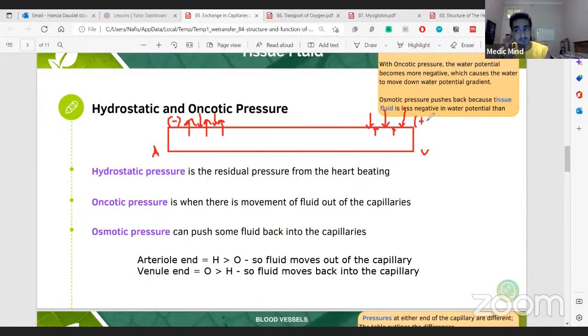The problem is, though, if we think about what's in tissue fluid and the constituents of tissue fluid, we have small proteins, and lots and lots of ions, and lots and lots of things, not all of which are going to be taken up by the cells.